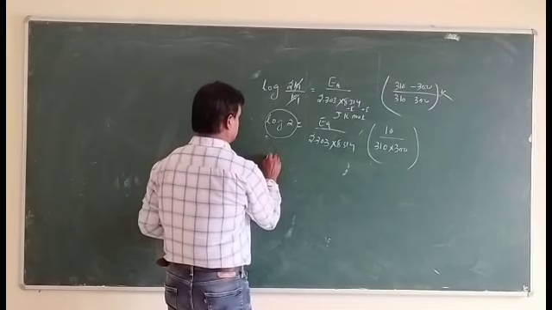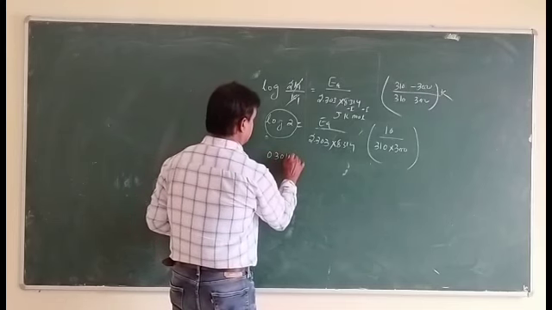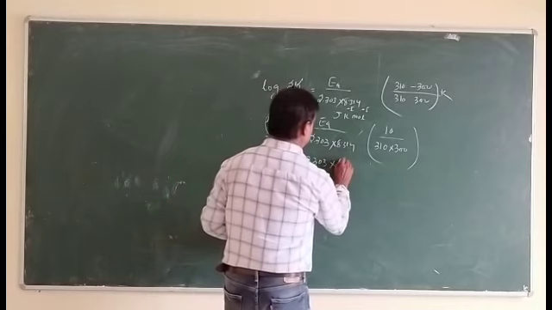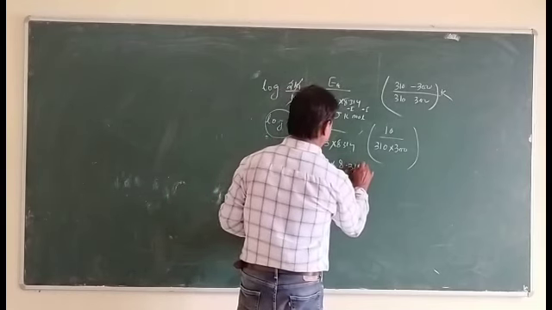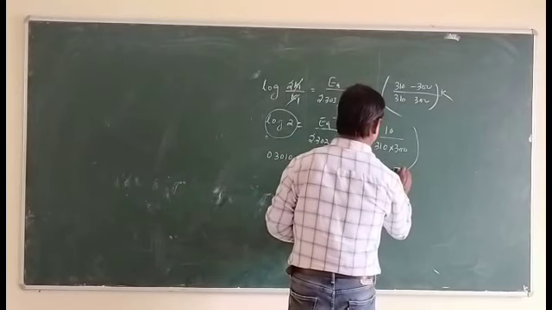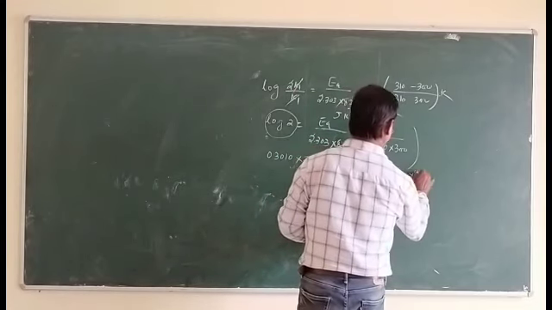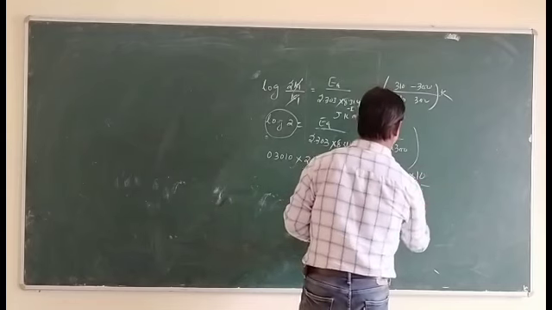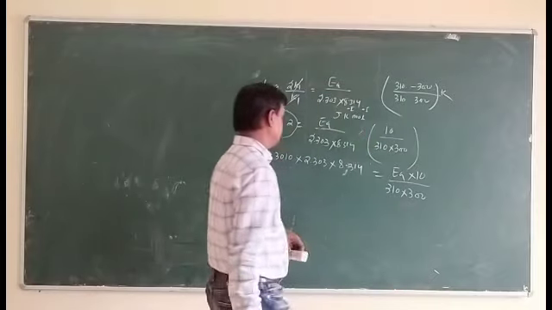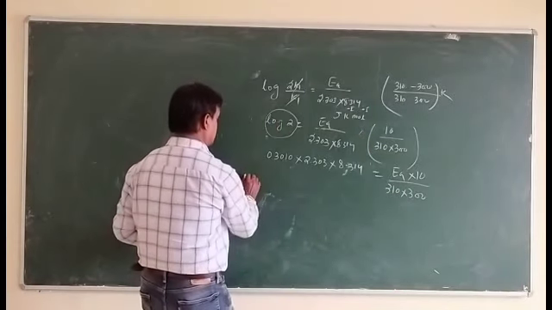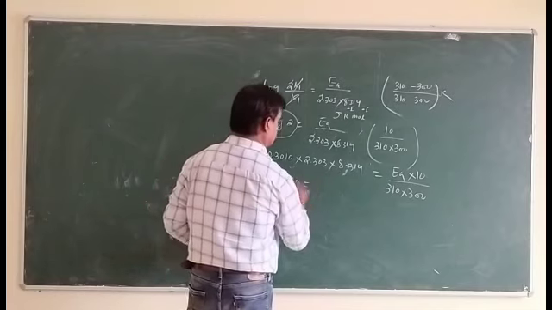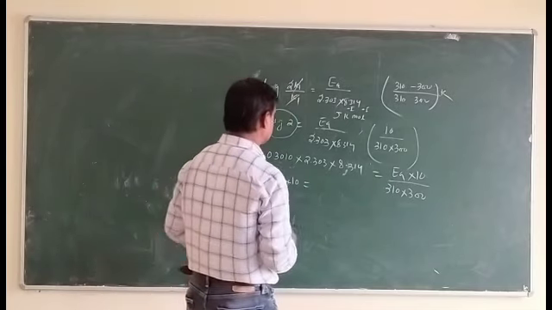You put 0.3010 into 2.303 into 8.314 equals EA into 10 divided by 310 into 300, or EA into 10 equals this.